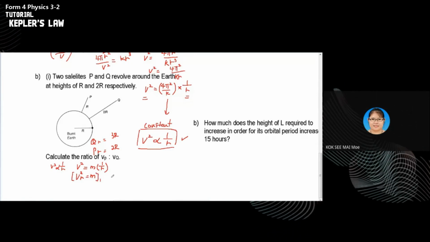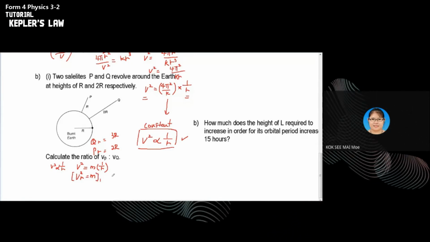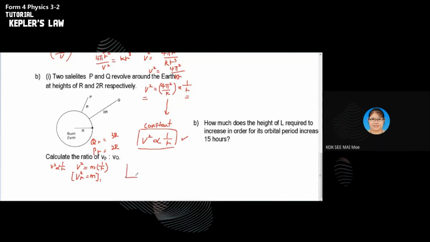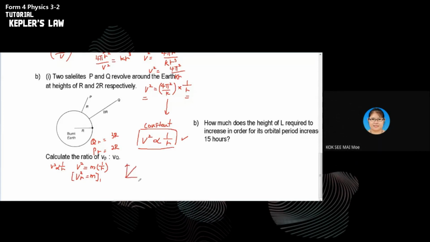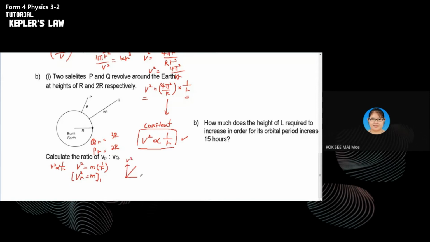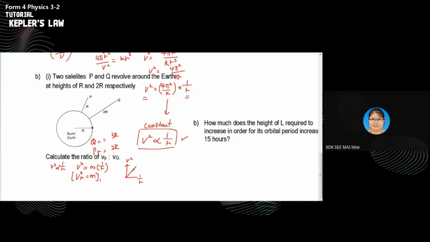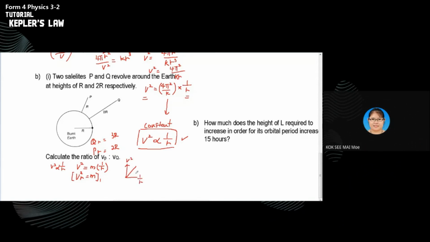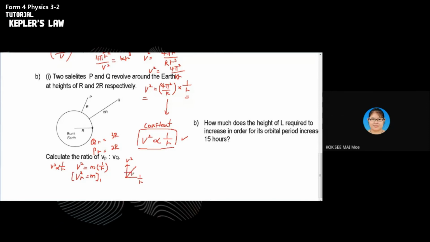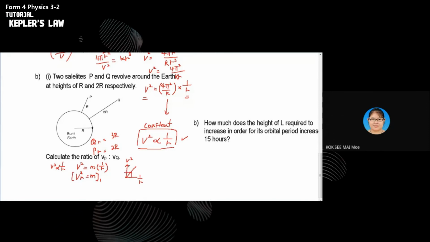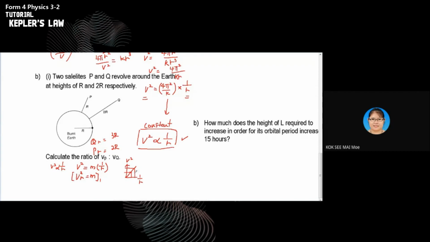Okay, for case number 2, the constant number must be the same. If you plot your graph, V square versus 1 over R, your gradient must always be the same. The gradient is M. So if I take the first point, this one is case number 1. If I take case number 2, you also get the same gradient.